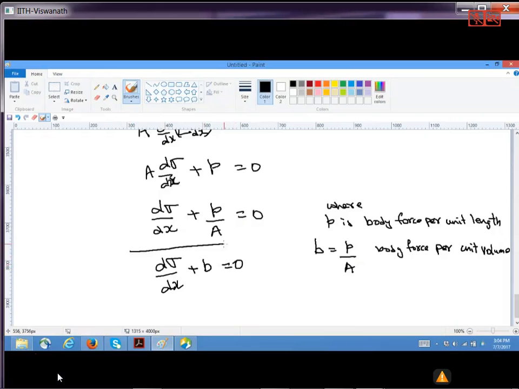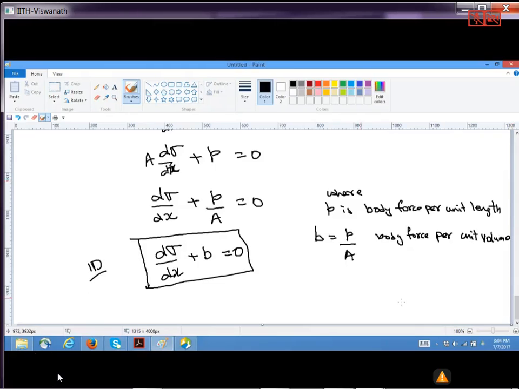Why did I write it in this case? Let me tell you in a minute. In the 1D case, even though you can write it in terms of displacement as d square u by dx square, if you want to write it in terms of stresses, this is the better manner. Now, for a 2D or 3D case, the equilibrium equation is written as del dot sigma, which is a tensor, plus body force b, which is a vector, is equal to 0.